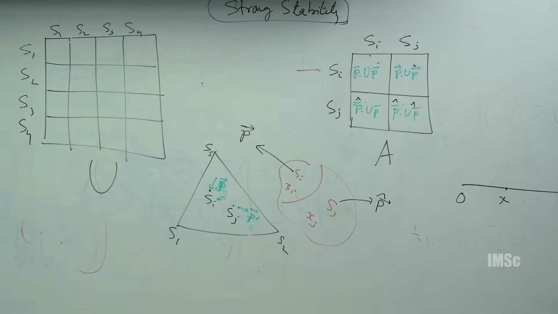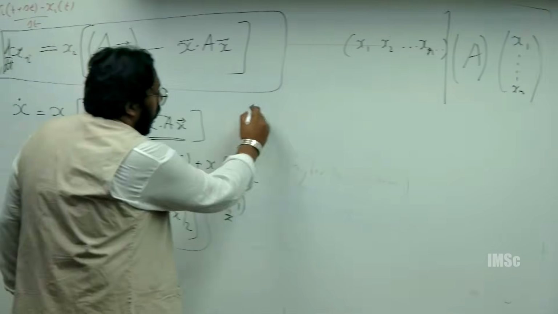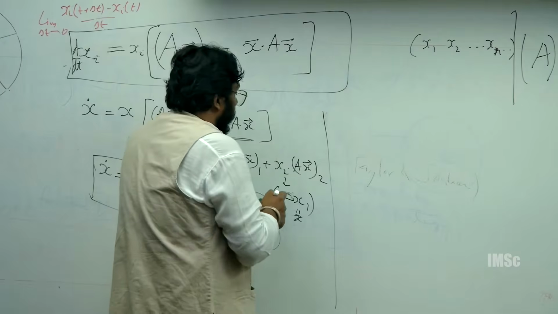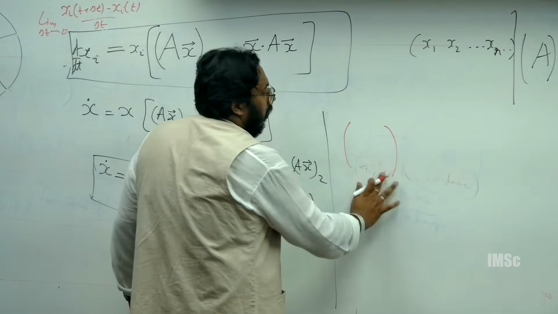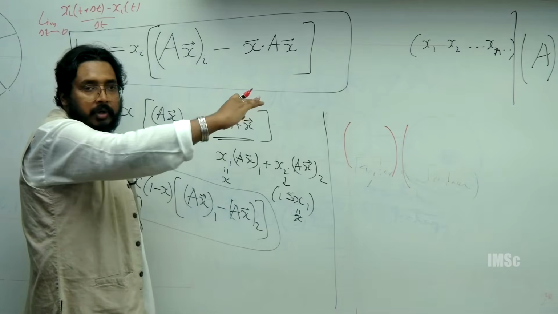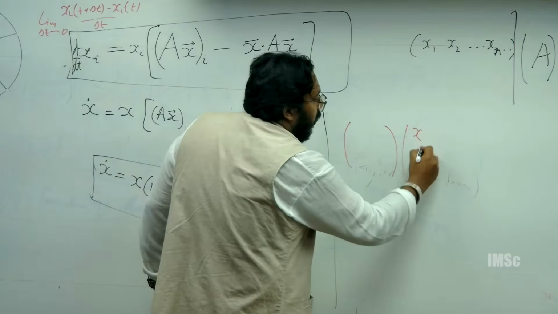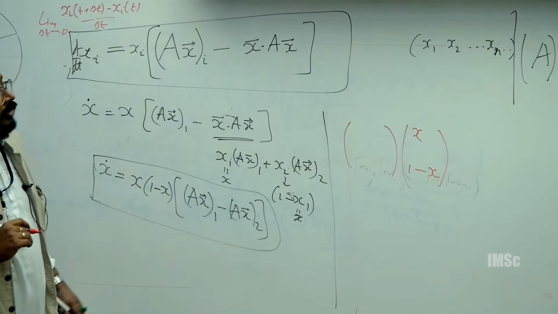Fine. So let us calculate this. What is Ax1? You have the A matrix and you have to multiply by x and take the first component. What is x? x, 1 minus x. And what is your A matrix?